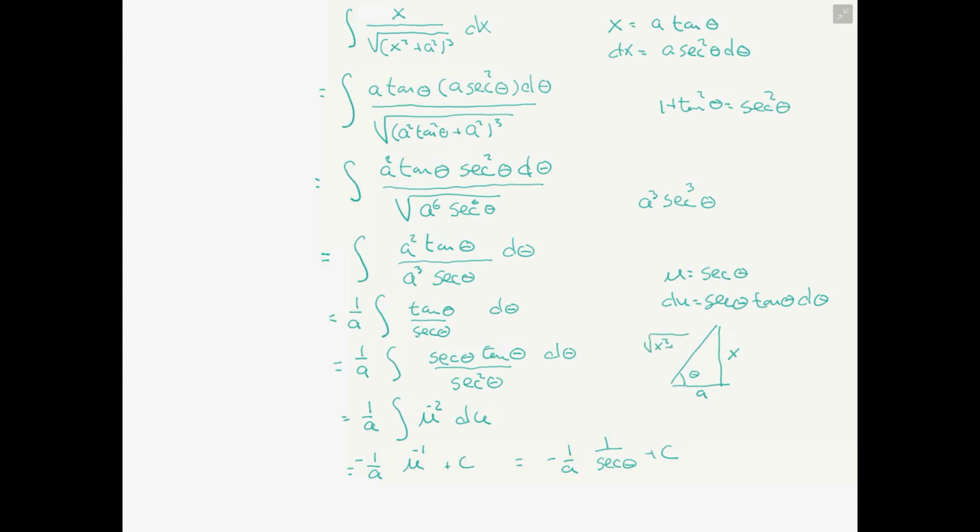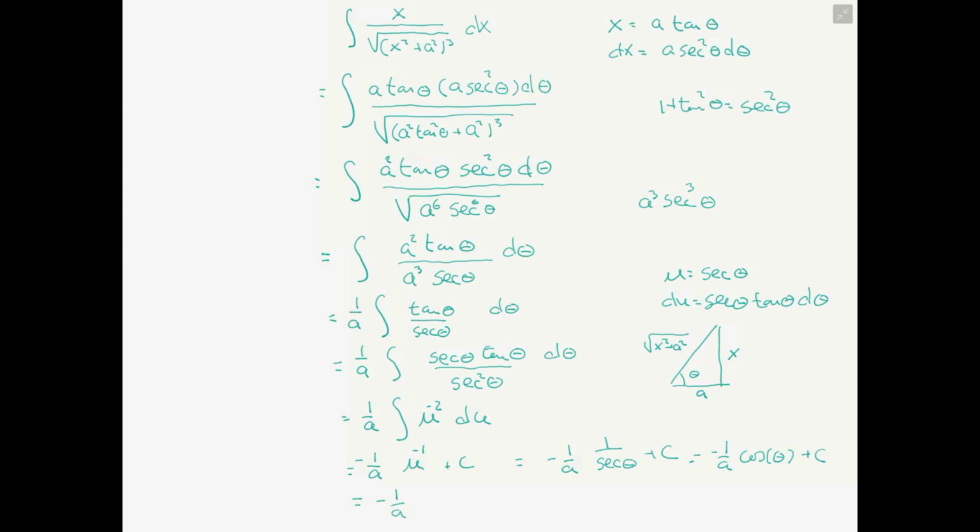So in the end result we have minus 1 on a cosine of theta, which is a on the square root of x squared plus a squared, plus c.